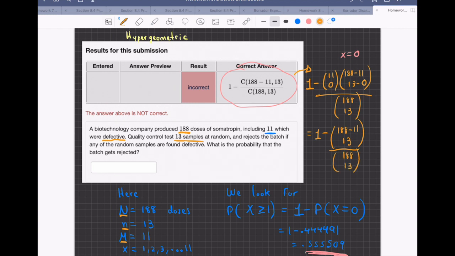You see? This is the same answer they have. Combination 11 choose 0 is 1, so what is left is 188 minus 11 choose 13, divided by 188 choose 13. Remember, this symbol means combinations. That's why they have C. But you can do it directly in the application, and you will have this 1 minus this and this.